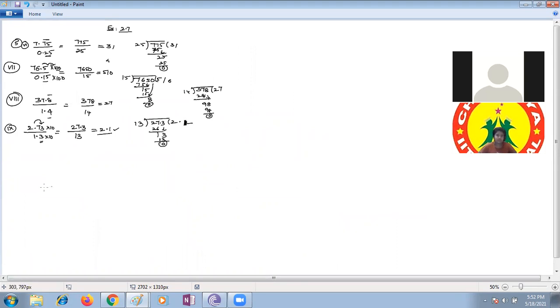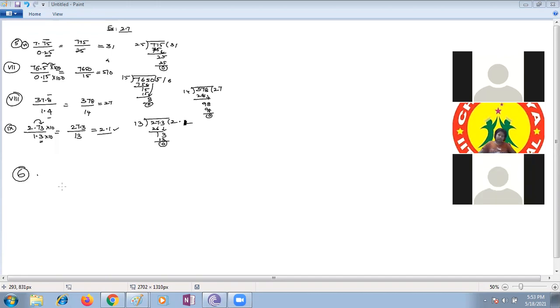Sixth one in your exercise, children. What is the first statement we are supposed to write here? The distance traveled by a vehicle in 2.4 liters is equal to... Ma'am, the total distance covered. Yes, total distance covered. 43.2 kilometers in 2.4 liters of petrol.